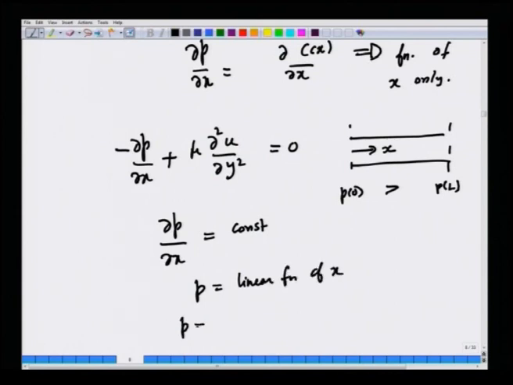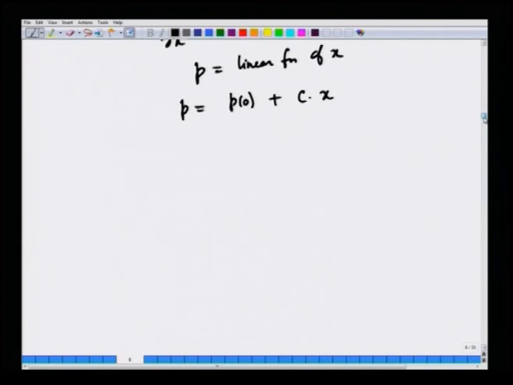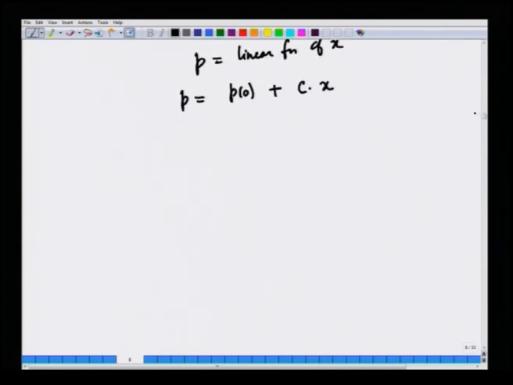So, if I integrate this, I will get p is some p naught plus some constant times x. That is what it means.